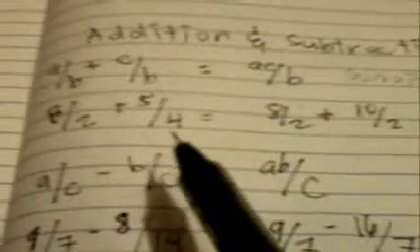Let's have another example. 8 over 2 plus 5 over 4. So we'll just get the common denominator. The common denominator of these two fractions is 2. We'll just write 2 for our denominator. Then divide 2 by 2.